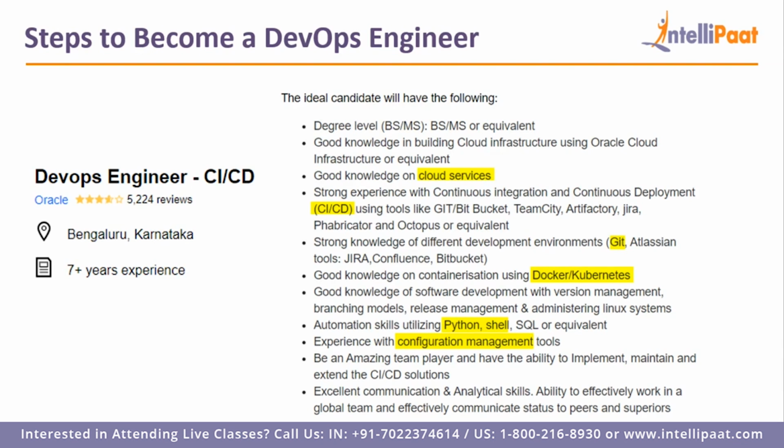And also you'll have to learn Python and shell scripting basically if you want to become a DevOps engineer. That is very helpful. And then configuration management tools, in the sense Puppet and Ansible. As I already told you, we saw Puppet, Ansible and Chef in all those 3 job descriptions. So these tools are very much important if you want to become a DevOps engineer.